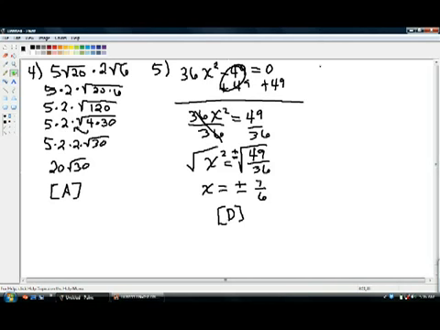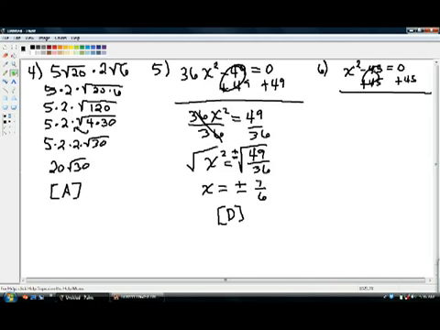Looking at number 6, I hope I have enough room here. Number 6 says x squared minus 45 equals 0. Again, I'm going to use inverse operations to isolate this variable term, so I have to add. It's been subtracted, so I'm going to add a 45 to both sides.